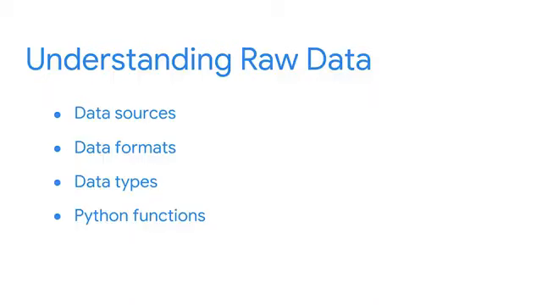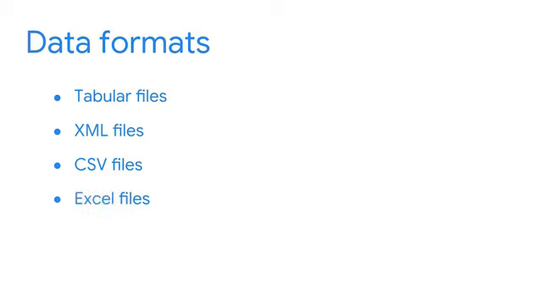The next thing you'll need to know about your data sources is the data file format. The main data formats you'll experience as a data professional are tabular files, XML files, CSV or comma-separated value files, spreadsheets, database files, or JSON files, which stands for JavaScript Object Notation. Here are a few examples of what these file types look like.